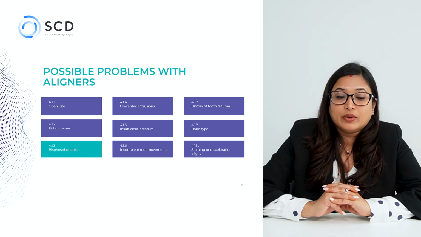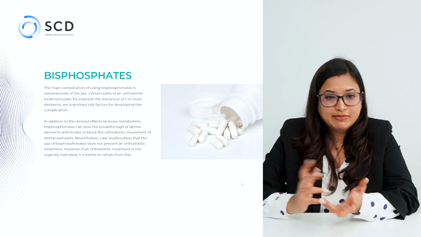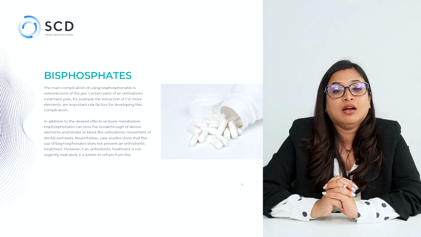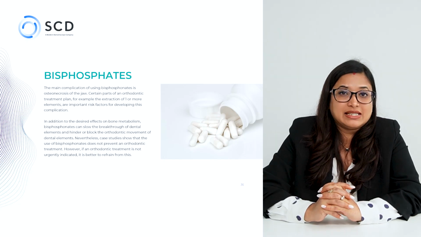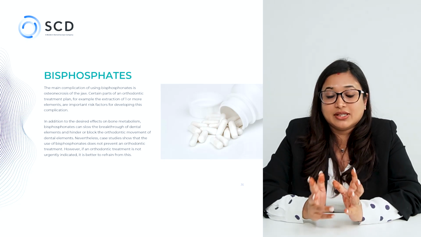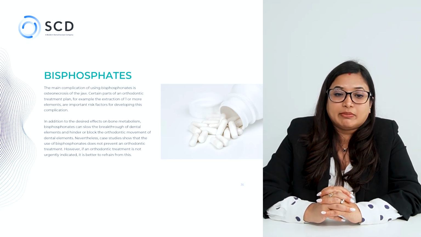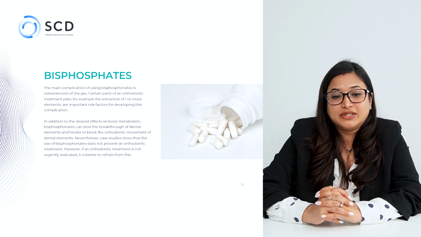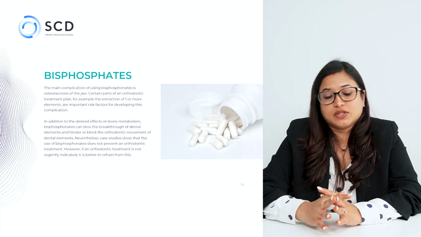Possible problems again with aligners is bisphosphonate. It's not really a problem. It's just a medication if the patient has been taking for some other reasons or some other medical conditions, and this basically leads to osteonecrosis of the jaw. And certain parts of the orthodontic treatment plan, for example, the extraction of teeth, could be very high risk if the patient is taking bisphosphonate.